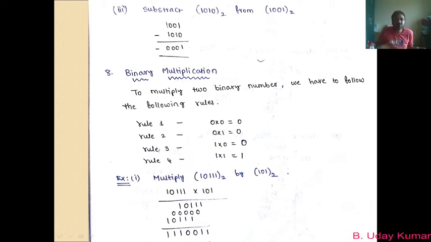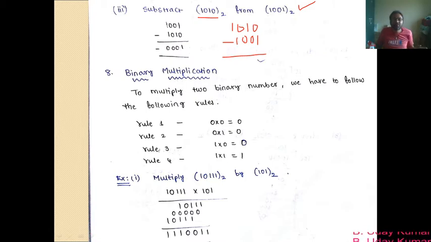In such cases what you do is reverse the procedure, like 1010 minus 1001. Whatever answer you get, you just keep a minus sign before it, that's it. Actually they ask you to subtract this from this, but you find some inconvenience. Of course there are different methods of subtraction that we discuss at the end of this chapter, but here I am simply explaining how to subtract one number from the other.